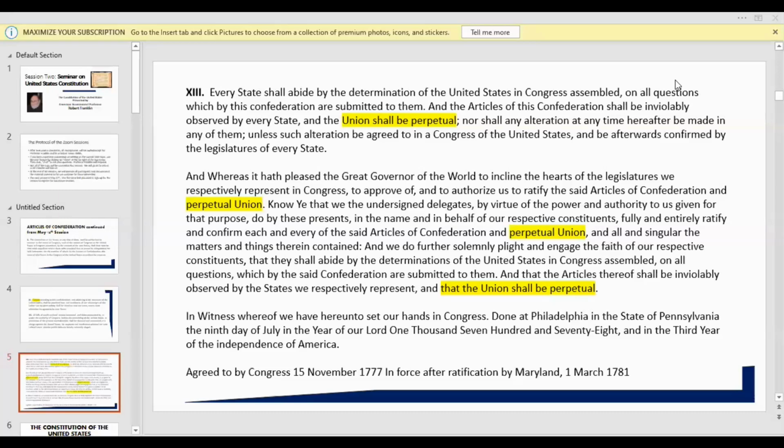When they tried to foreclose on his farm, Shays got all of his former militia members together, and they decided to march on the town of Springfield in Massachusetts. Now, why did they pick Springfield?